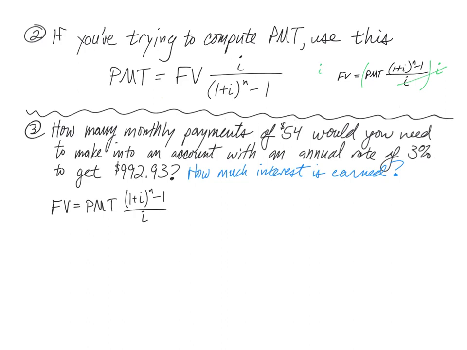And then to solve for payment, we divided by this thing here, 1 plus i raised to the n minus 1. So this is how this formula was computed. We just multiplied by i to get rid of the fraction, and then divided by this to isolate the payment. So we would use this, and honestly, this is meant more for the sinking funds that we'll be talking about here in a little bit.